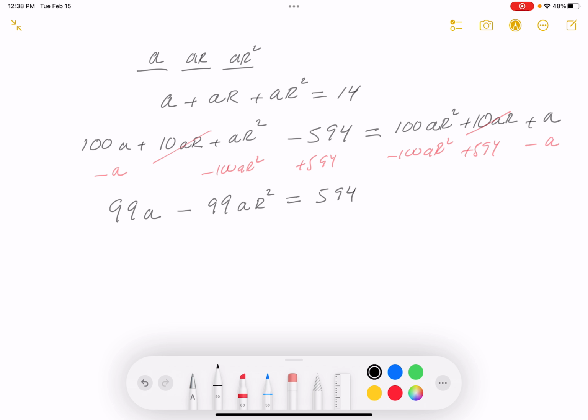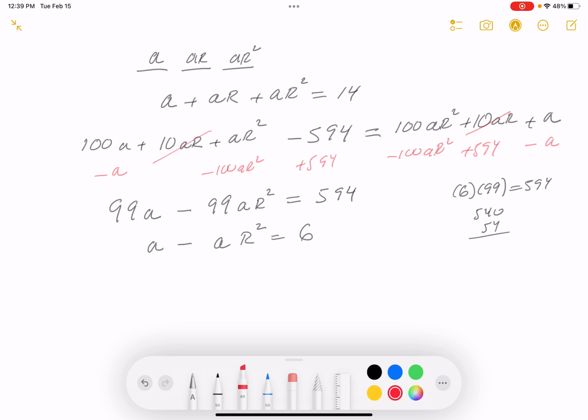Looking at that, it goes in 6 times. So I'm going to say 6 times 99 is 594. It's easy to say something, but what if it's true? Well, let's see. 540 and 54. Yeah, 594. Works beautifully. So what do you get over here? A minus AR squared is equal to 6.